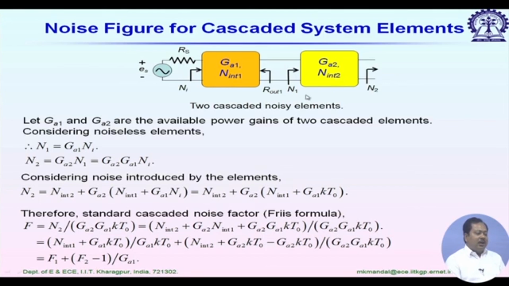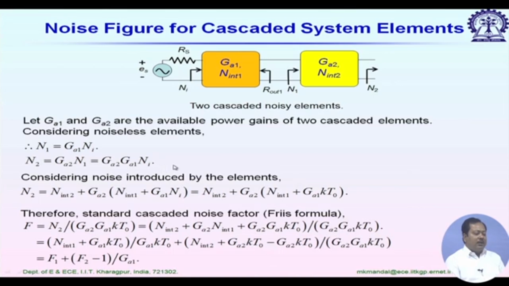In that case N1 is equal to Ni multiplied by the gain of this amplifier, so that is the noise available at the output. We consider a noiseless system, so that output falls on the second amplifier. So N1 equals GA1 Ni. Similarly N2 equals GA2 N1, that is equal to GA2 GA1 Ni.